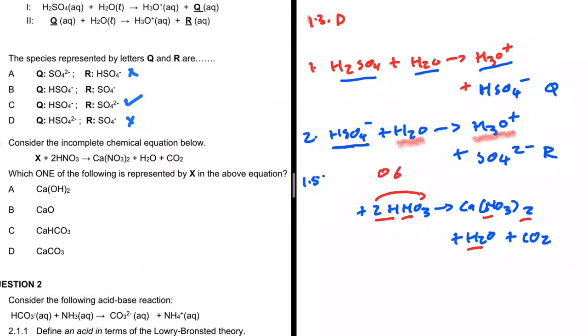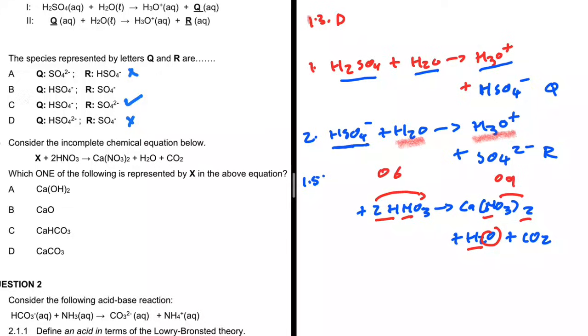On the right hand side, we have O3 multiplied by 2, which is O6, and then the oxygen from H2O makes that O7. And then CO2 has 2 oxygen atoms, so this will give us a total of O9.